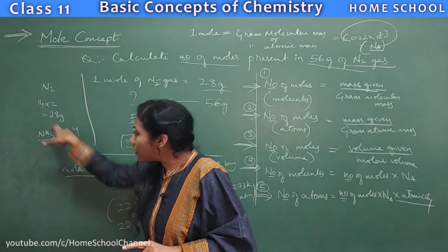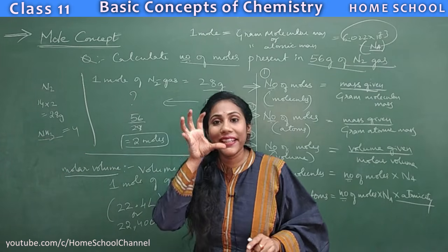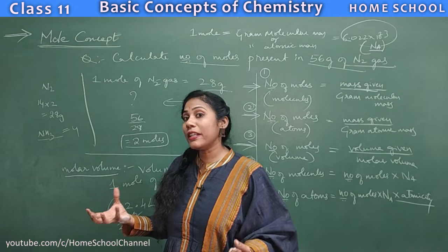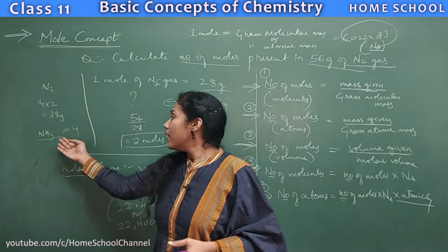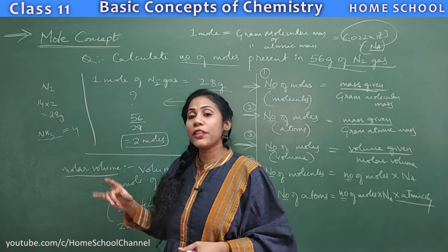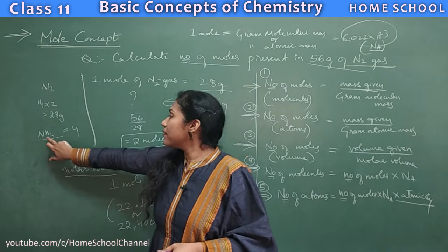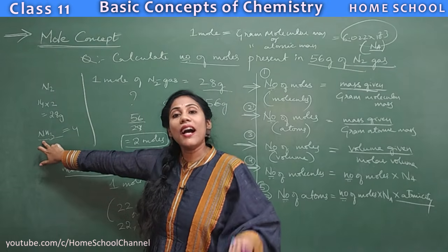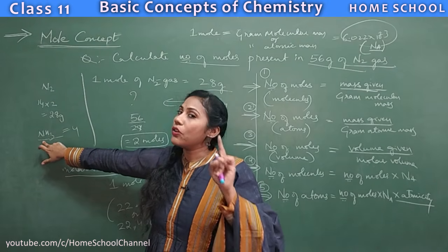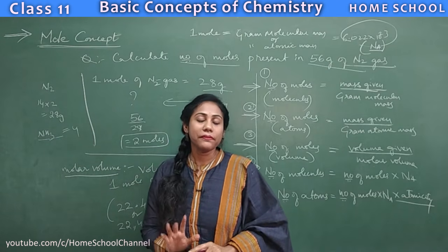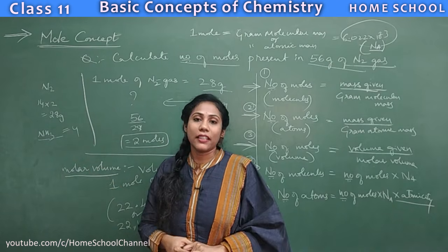If I ask you total atomicity in a NH3 molecule, then your answer is 4. Total atomicity means total number of atoms, both nitrogen and hydrogen in a molecule. So this is all about atomicity.